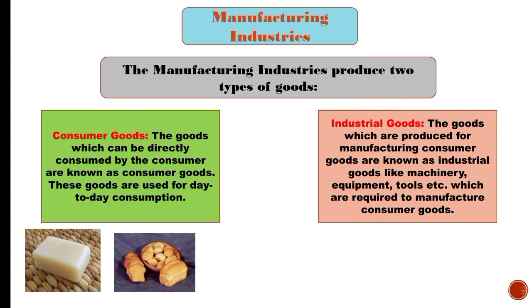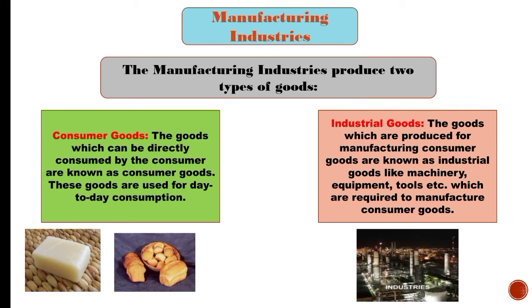So, industrial goods are the goods which are produced for manufacturing. These are known as industrial goods, like machinery, equipment, tools, etc. All these are required to manufacture the consumer goods.